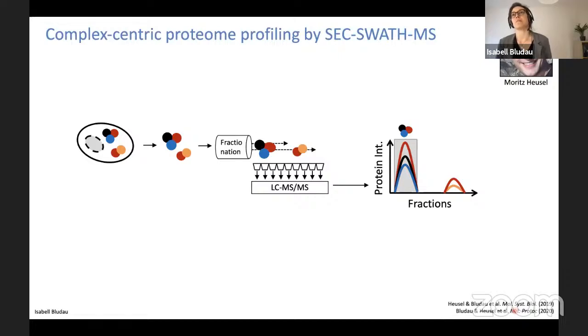In a typical experiment, we would find around maybe 400 complexes, and they are not completely homogeneously spread throughout the separation dimension. On average, I think it was something like, oh, I actually have to look it up. Maybe around 10 complexes or so, but might be a bit more.